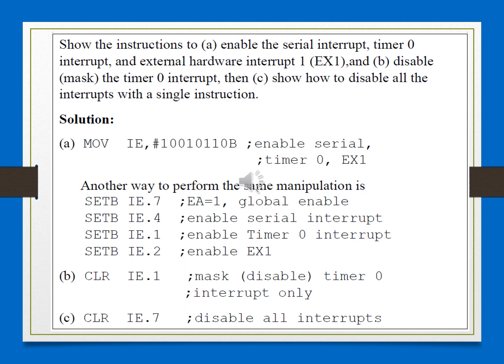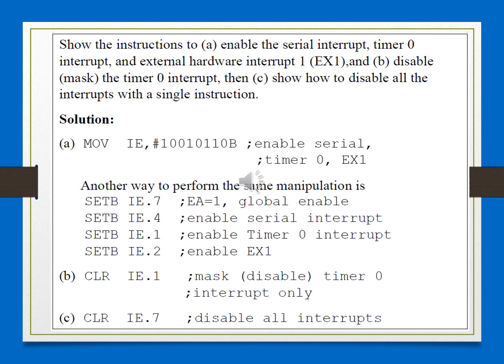Also you have to individually enable, say serial, it is enabled, timer 1 it is enabled, timer 0 overflow interrupt is enabled, and external interrupt 1 is also enabled. Which means that the interrupt enable register is a bit addressable register, so you can individually set or reset a particular bit of this register.